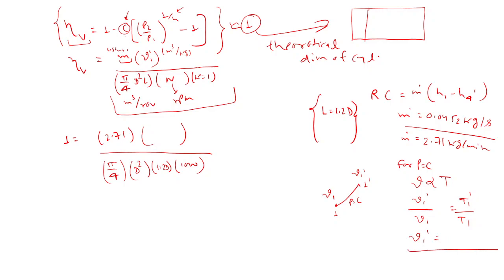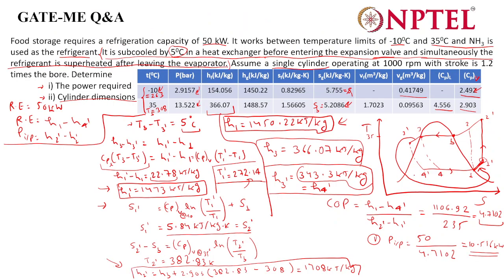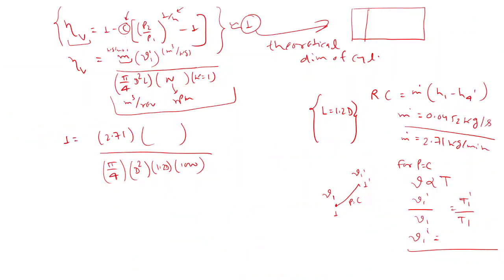Can anyone tell? This is the value of V1, the specific volume at 1, that is, at the saturated vapor of minus 10 degree Celsius. This is the value, right? So 0.41749 ratio of... What is the T1 dash?